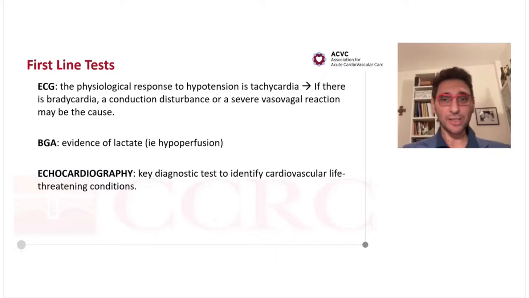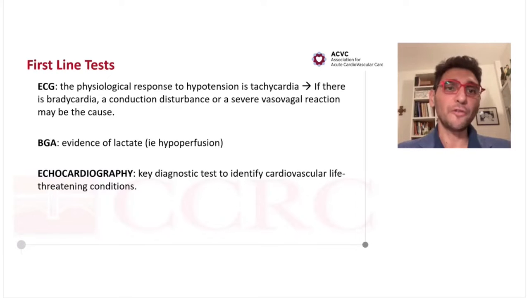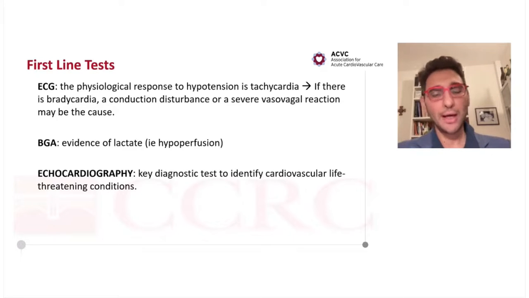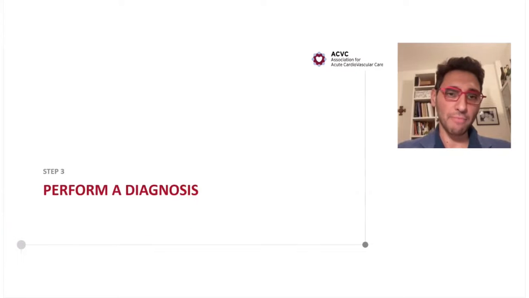But the key diagnostic test to identify a life-threatening cardiovascular condition, if you are unable to reach the diagnosis with the first two tests, is certainly echocardiography. A rapid, focused echocardiography. I'm not an expert echocardiographer, but it is usually the tool that helps me most of the time when I have to make a diagnosis.